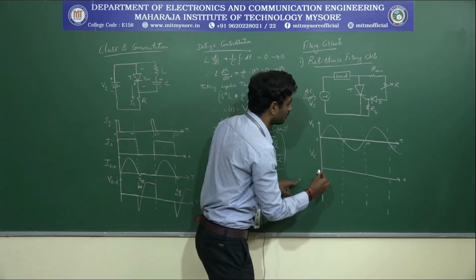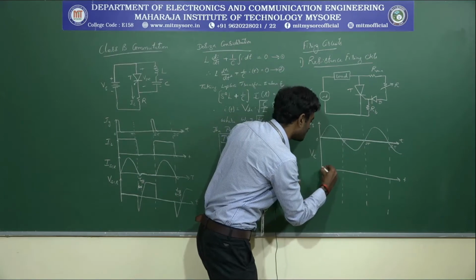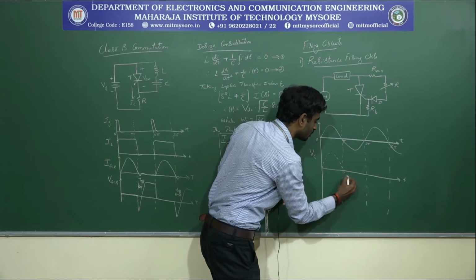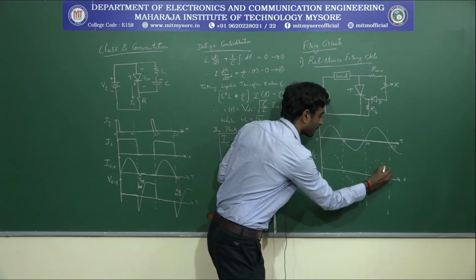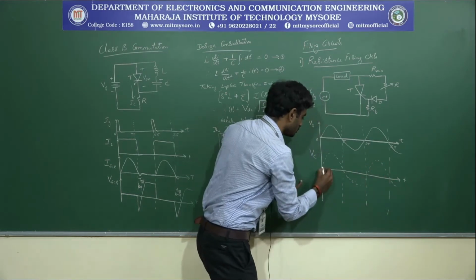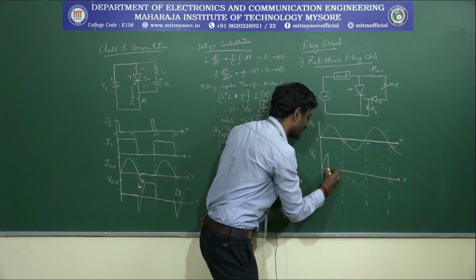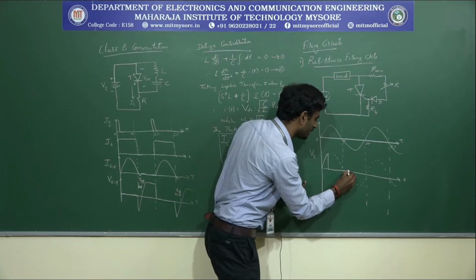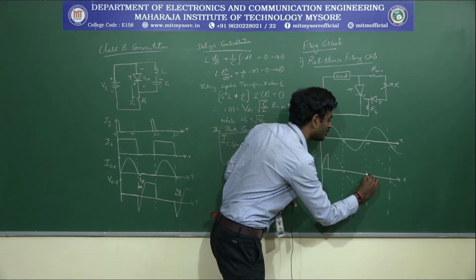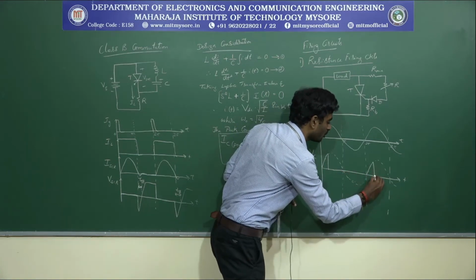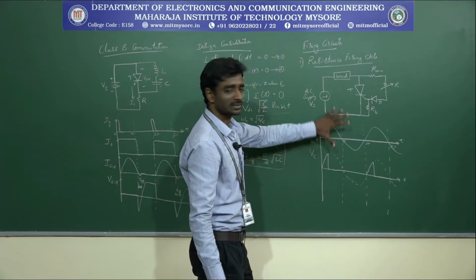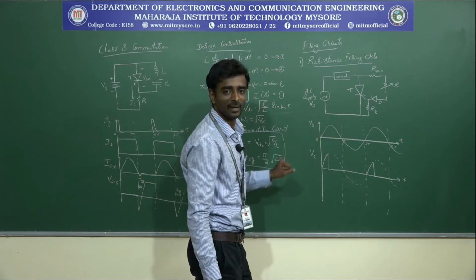Based on this, you will initially be charging. At the initial stage the voltage will be 0 in the whole circuit. So this will be the VC of your circuit for the given supply voltage.